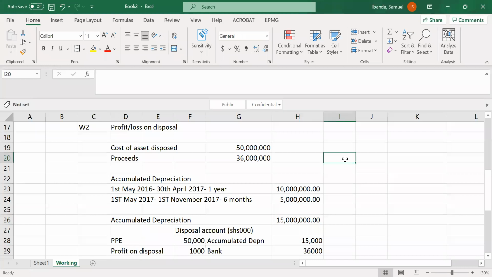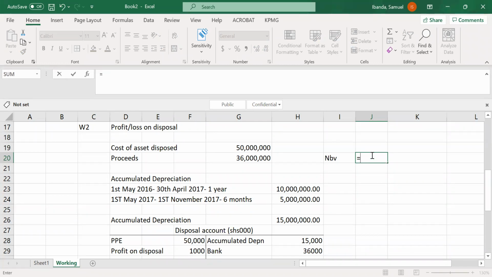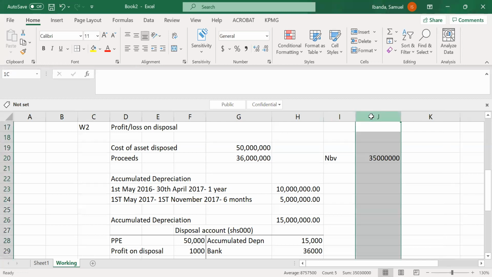So the net book value of this asset that we disposed of was basically the 50 million minus the 15 million, which would definitely give you 35 million. So the 35 million is what is credited in our so-called PPE account, okay?